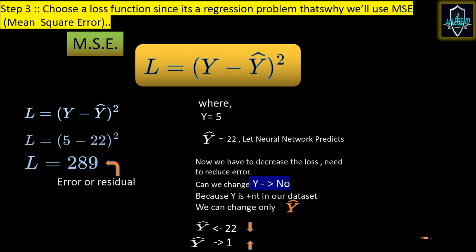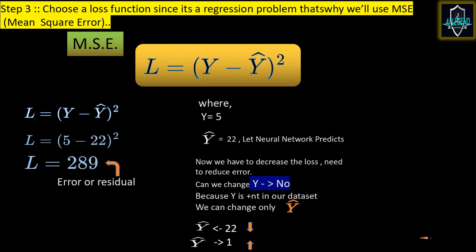Alright, now just think about how it will work here. Let's see the figure properly. You can see what the loss is here, that is (y minus y hat) whole square. So basically there are two components in the loss function, y and y hat, right? The neural network prediction is 22.